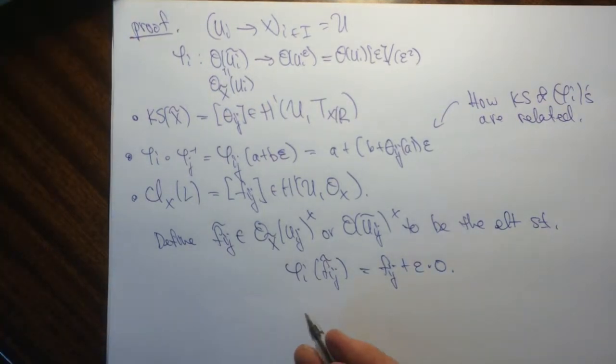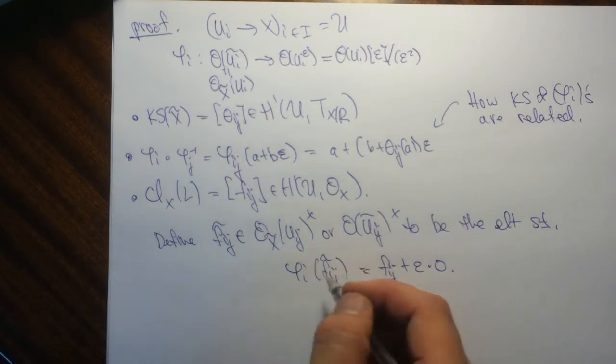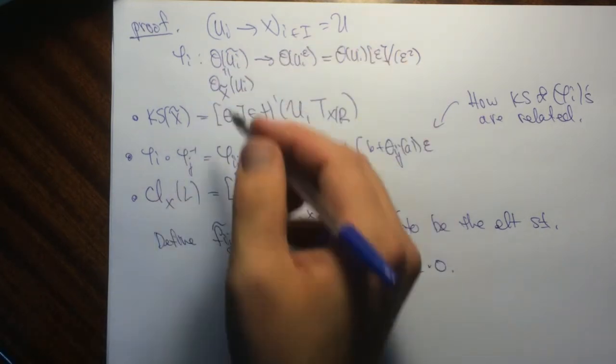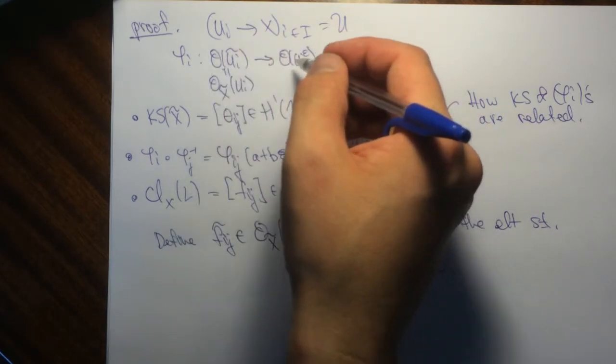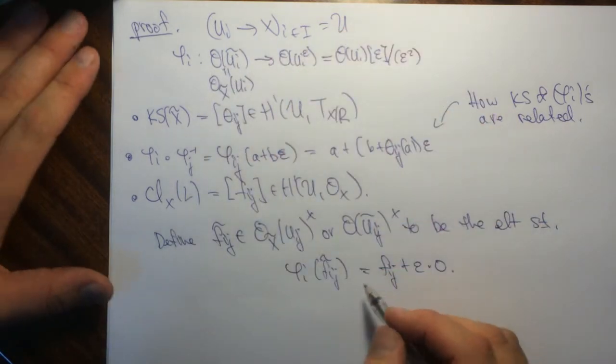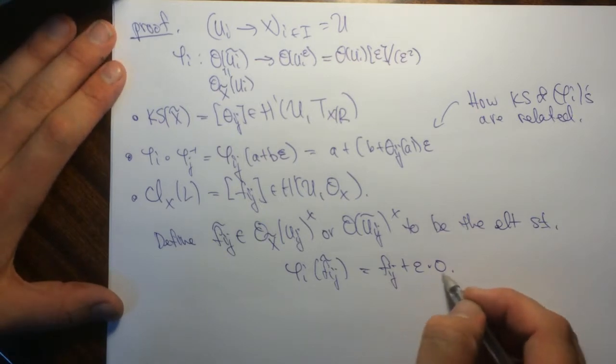So I'm just going to lift this in a stupid way. I'm going to make it so that when I use my trivialization here, it looks locally like the trivial deformation, that it's just going to extend by 0.